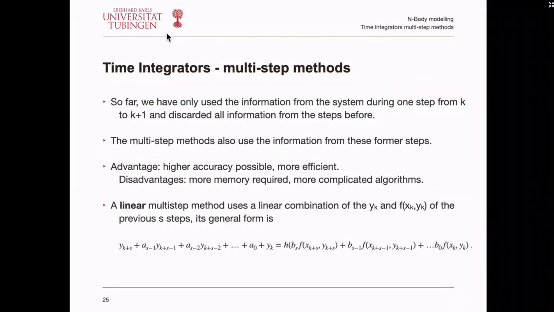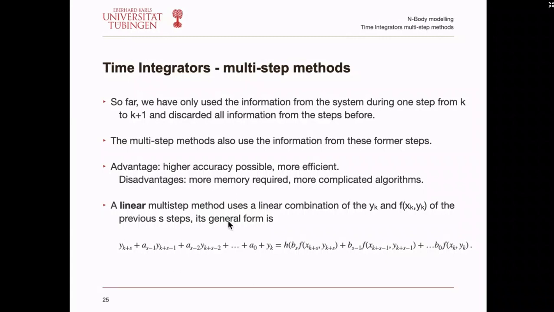I will now only give a short example of a linear multi-step method, because we won't talk about it later. This is just for the sake of completeness, so you know that these methods exist and were widely used in the 80s and 90s when the Adams-Bashforth algorithms were developed. More or less this is for historical reasons.